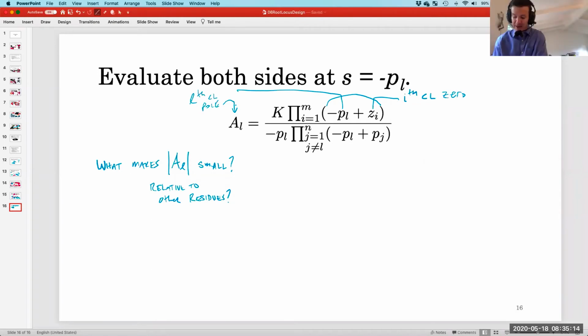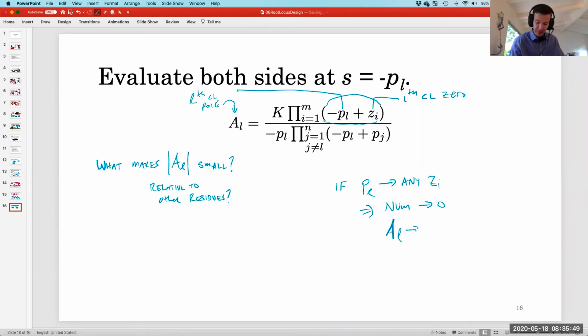Bingo. If any of these factors, right, we're not adding, this is a product, if any of these factors get close to 0, then the product gets close to 0, assuming the others are all relatively finite. Okay, so if P sub L gets close to any Z sub I, then the numerator goes to 0, or gets small, if you like, which means that the residue gets small.